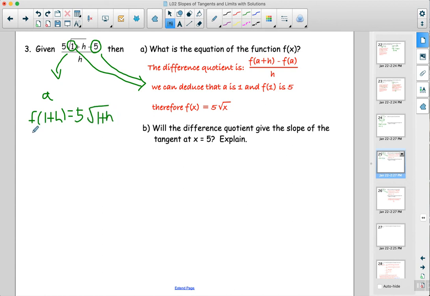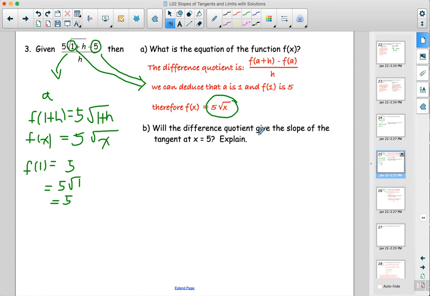And so if I wanted to move to f at x, then I would replace the 1 plus h with x. So it looks like my function should be 5 times root x. I'm going to make sure that works out on the other piece, because then the other piece should be f at 1. F at 1 is supposed to be 5, so let's check that out. 5 times the square root of 1 does give me 5. So in this particular case, we now know that our function is 5 root x.